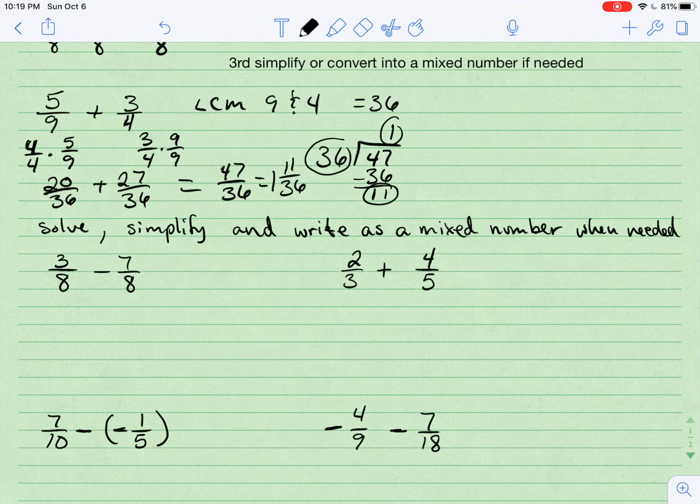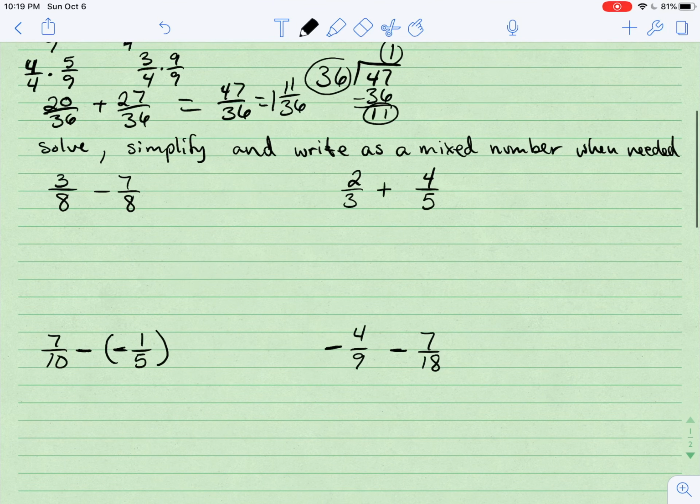Okay, so a couple more examples we'll just go through. And once again, when adding and subtracting fractions, the same rules apply when you're dealing with positive and negative numbers. So first we have 3/8 minus 7/8. We have a common denominator, so we can just take 3 minus 7. 3 minus 7 is going to give us a -4.